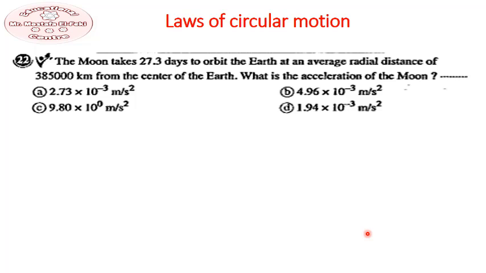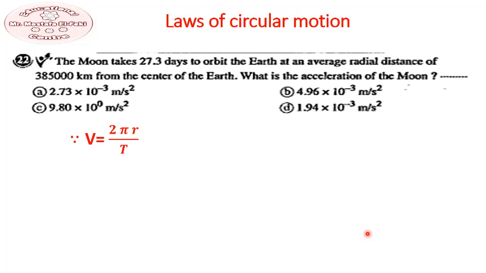The moon takes 27.3 days to orbit the Earth at an average radial distance of 385,000 kilometers from the center of the Earth. What is the acceleration of the moon?